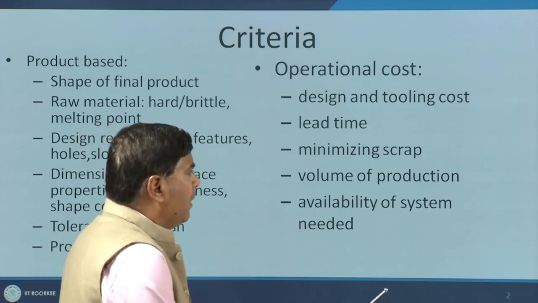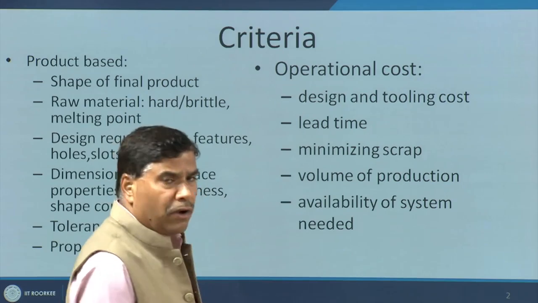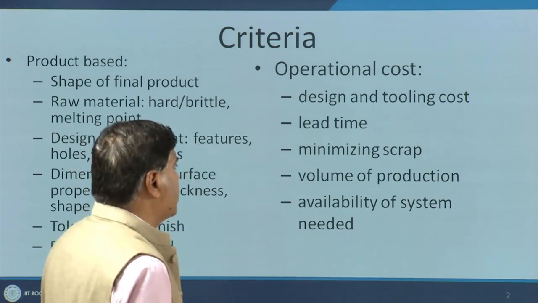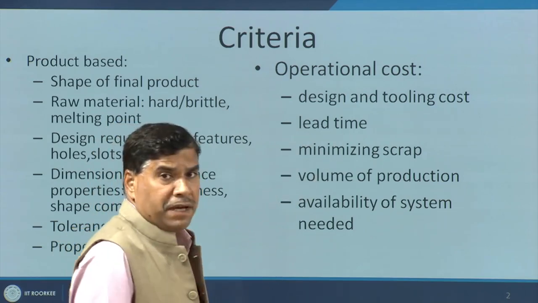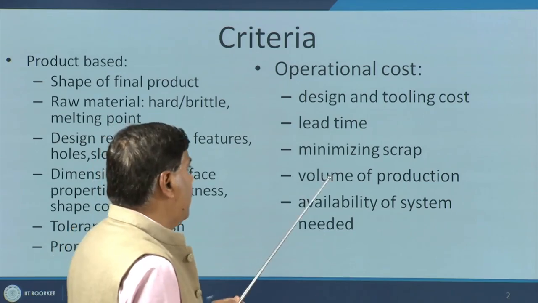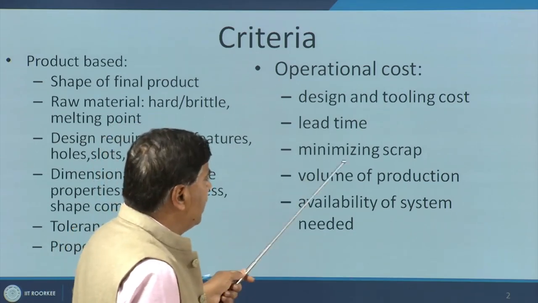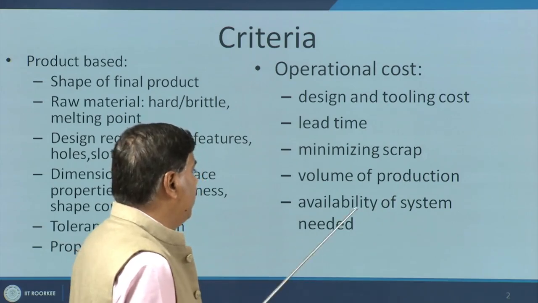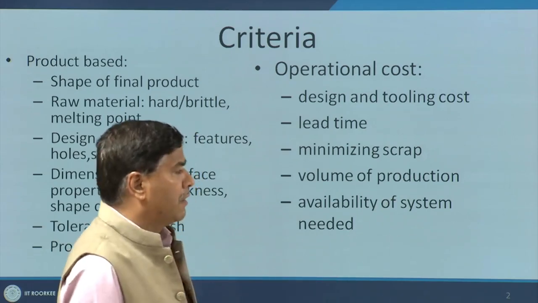If we have the luxury where long time is available, or for certain big customized products, the lead time may be as long as a few months to years also. Then we have minimizing the scrap, the volume of the production, and availability of the system needed for manufacturing.